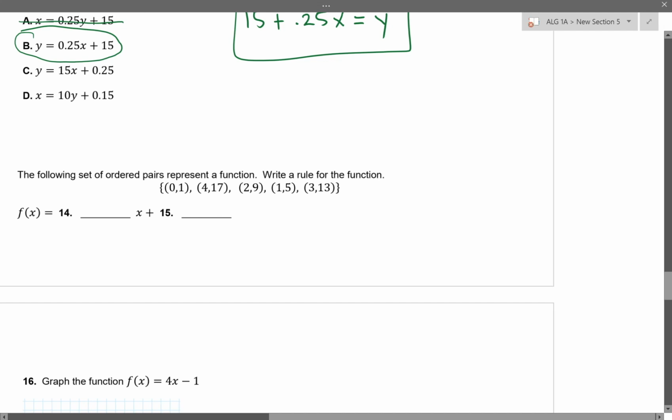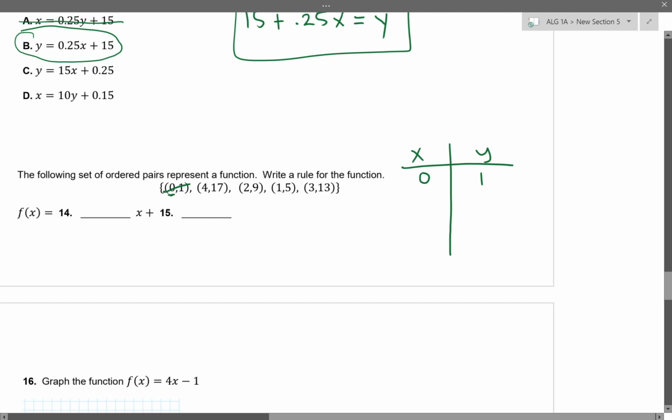So, first off, we need to find the difference between the values. These are actually not in order, so let's put them in order first. I have my x's and I have my y's. The first one is 0, and that value is 1, so I can cross that out.